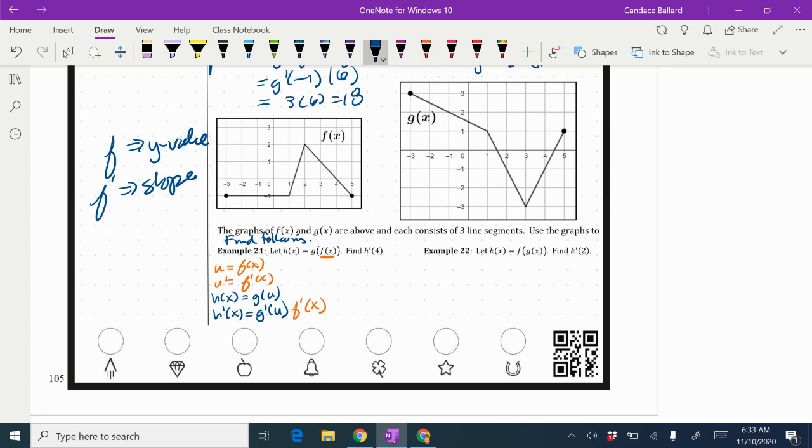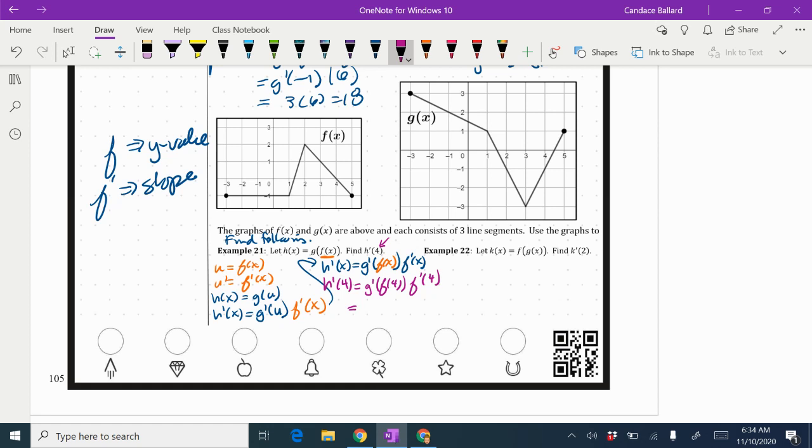And then I'm going to rewrite that one more time, substituting my u back in, so h prime of x equals g prime of f of x, times f prime of x. We are now going to substitute in a 4, so h prime of 4 equals g prime of f of 4 times f prime of 4.